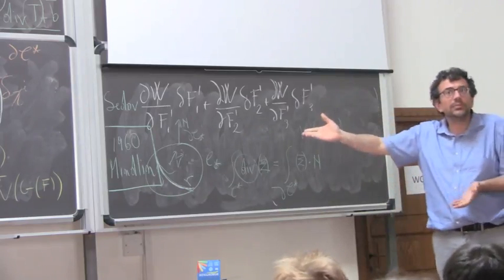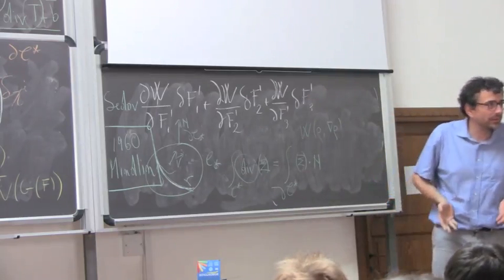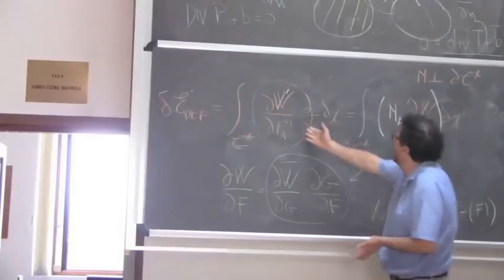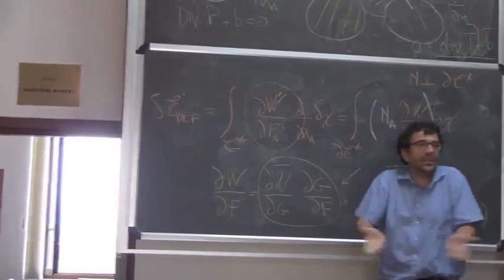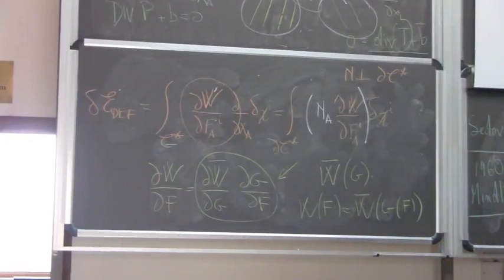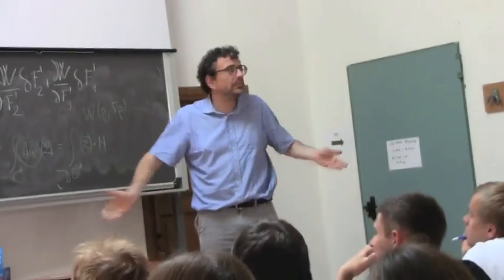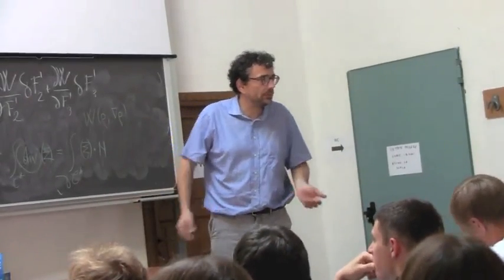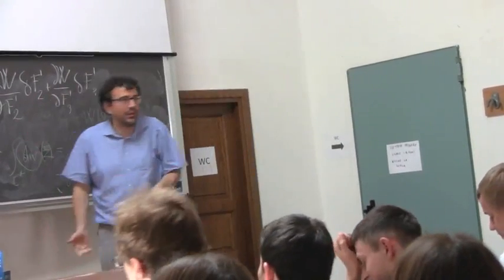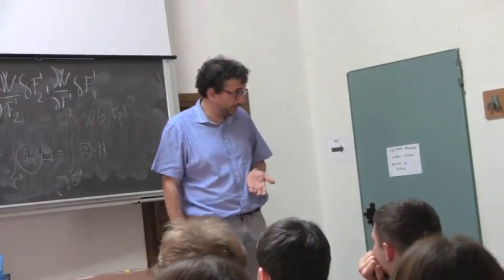He said, miracle, divergence theorem. Which miracle? It is not a miracle. You integrate by parts, you get the divergence of something. You apply the divergence theorem, you get that the force per unit area depends linearly on the normal. What do you want? There is nothing else. It cannot be different.